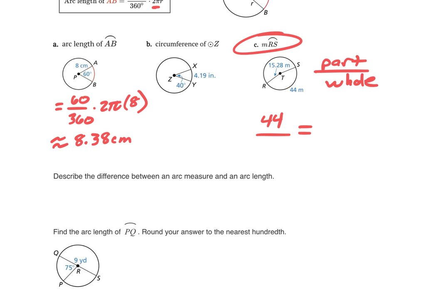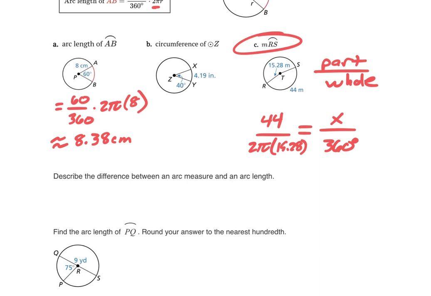The circumference of the whole circle would be 2 times pi times 15.8. So this is the part that we know, and this would be the full circle. That's why I'm talking about part over whole. Over here, we want an answer that's in degrees. How many degrees are in the whole circle? 360. We already know that part, right? We want to find out how many degrees that matches up with.